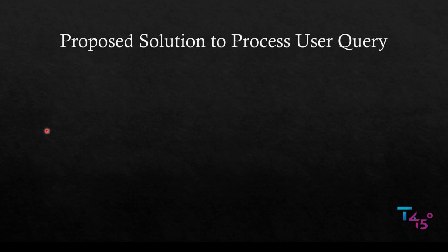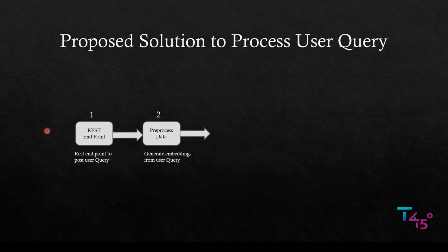And then in order to process a user query, we will have another endpoint, that is a REST endpoint, and it will take the user query, and then we will preprocess the data. So we will generate embeddings from the user query, and then we will pass these embeddings to our vector database to extract the relevant documents.